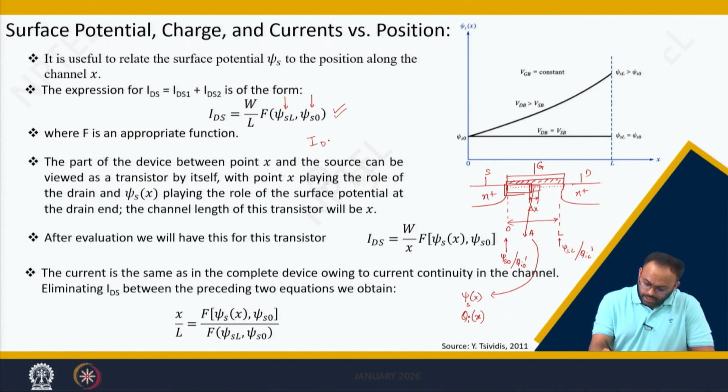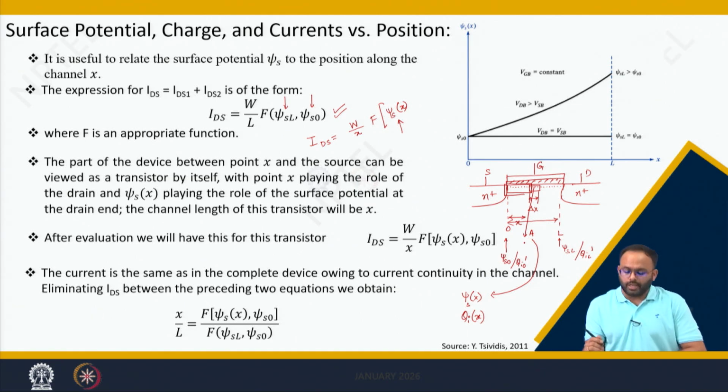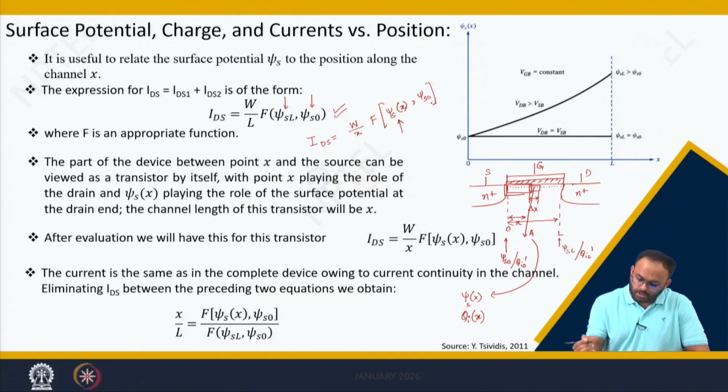then IDS can be written as W divided by X, so this is a function of X, into some function of psi S of X. This is the surface potential, which is a function of X at some point A, and psi S0. Take note that we are considering the source end, or the 0 location, as the reference.